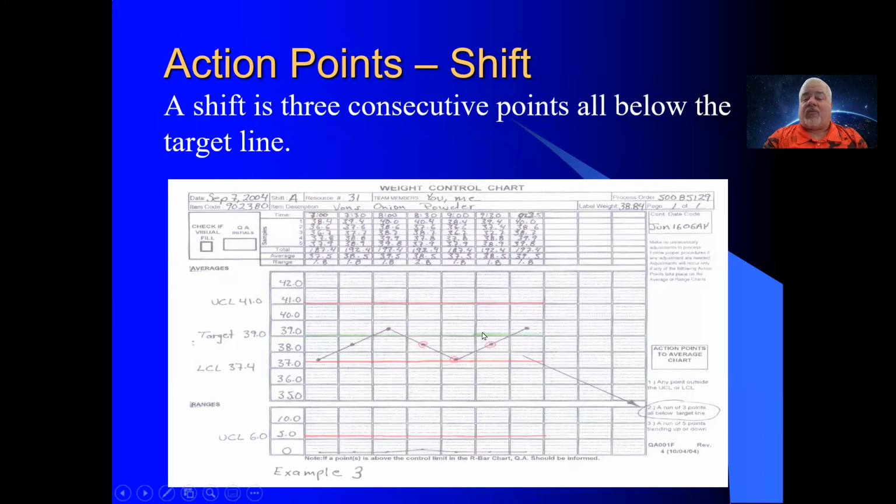If you have 3 consecutive points above, we'll live with it as long as it doesn't go too far, as long as it doesn't end up being an upper control limit issue. But 3 below, now we're at risk of creating a run where the average weight is below our target fill. This could be a problem. So again, 3 consecutive points all below the target line are a shift. In other manufacturing facilities, depending on what they're making, a shift would also include, in many cases, 3 above.